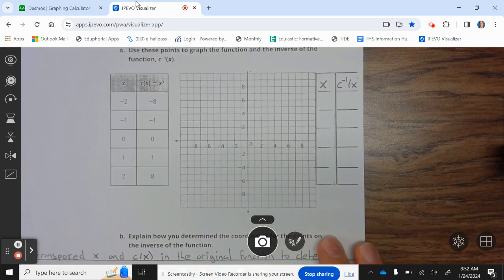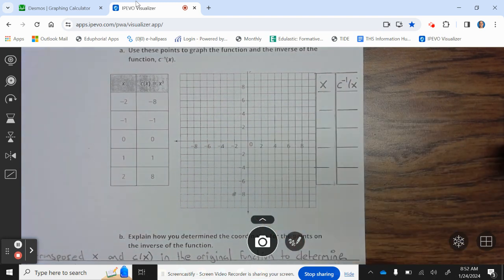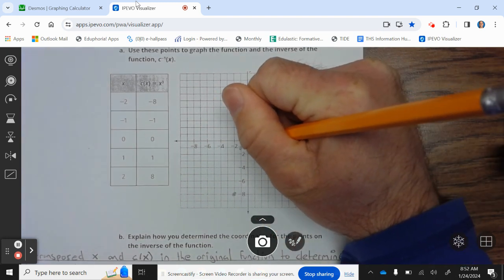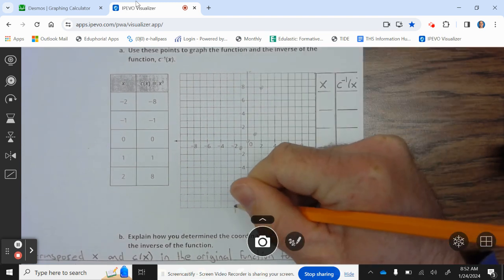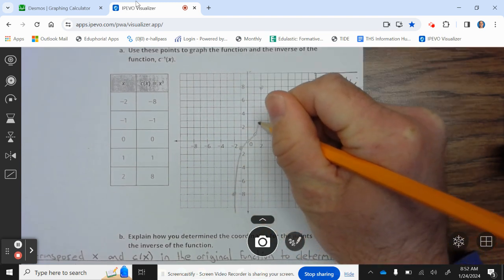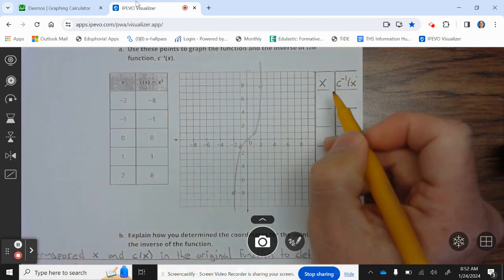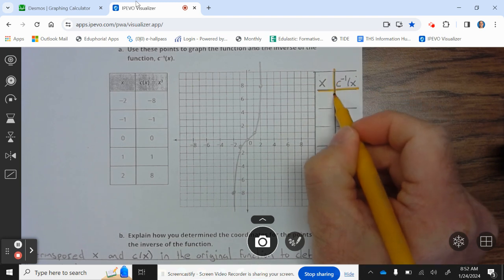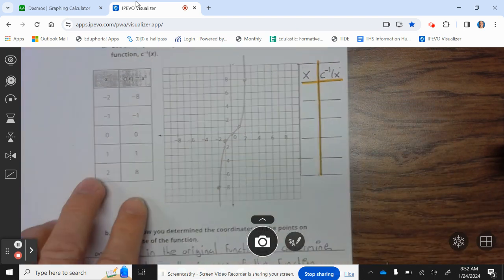All right, so let's go ahead and graph the points first. So (negative 2, negative 8), (negative 1, negative 1), (0, 0), (1, 1), (2, 8). All right, and let's go ahead and graph the inverse in yellow. And remember, when it's inverse, the points switch.